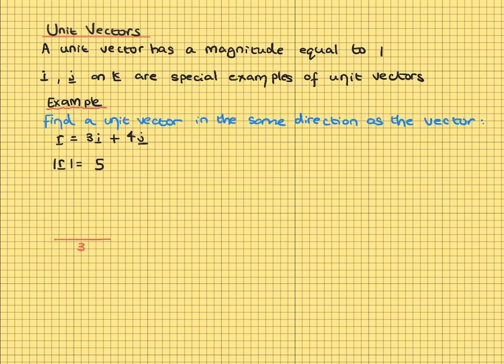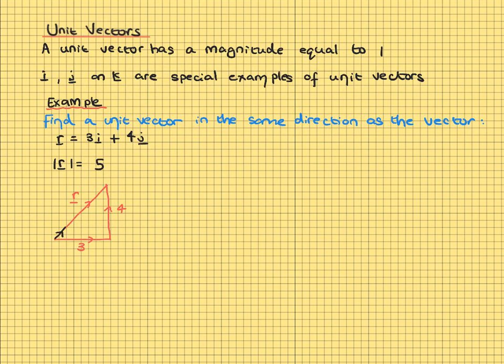I'm not using the squares here to scale, I'm just sketching it out. It's 3 units to the right and 4 units up, so here is my vector r. So what I want to do is find a vector that lies on this line, so is in exactly the same direction as r, but it has a magnitude of 1 rather than the magnitude of 5 which r has.